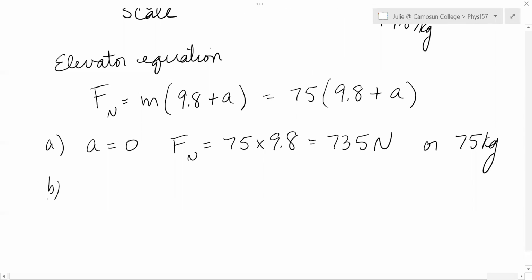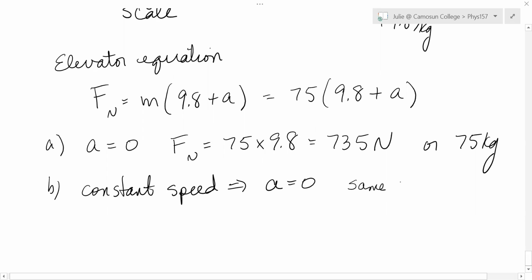Okay, B, the elevator is climbing at a constant speed. Constant speed means acceleration 0. A equals 0, so it's the same answer as above. Part C, the elevator is descending at constant speed. Ditto. Constant speed, a is 0, same as above.